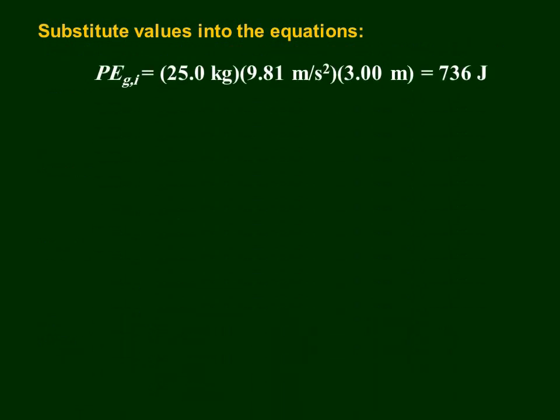Substitute. Initial potential energy equals mass times g times h, mgh. Mass 25 times 9.81 times 3 meters equals 736 joules. So this is the initial potential energy.